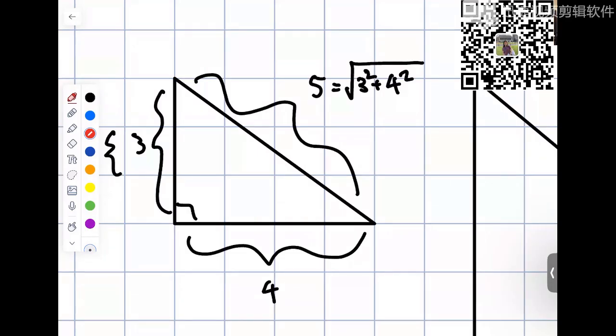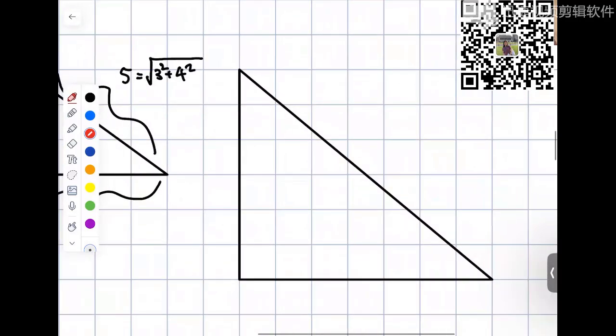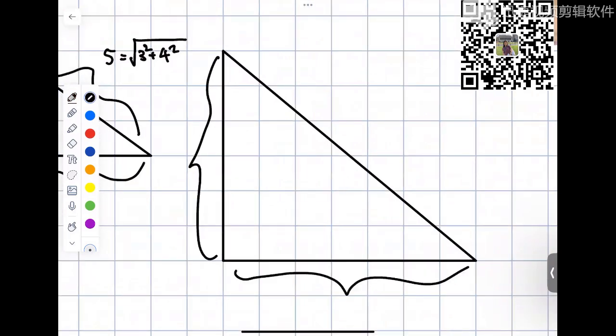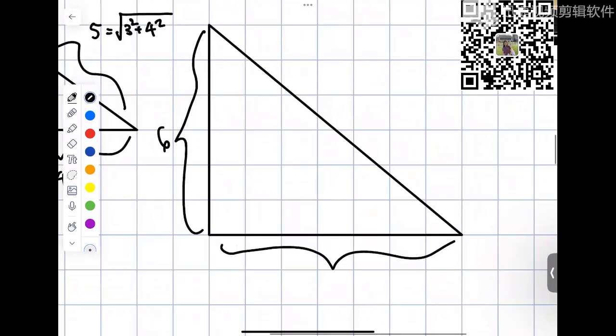Now, what would the side lengths be of this bigger triangle, just based on the grid lines? What would this one be? This one right here. 6. Yep. What about the one below? 7. You count again? 7.